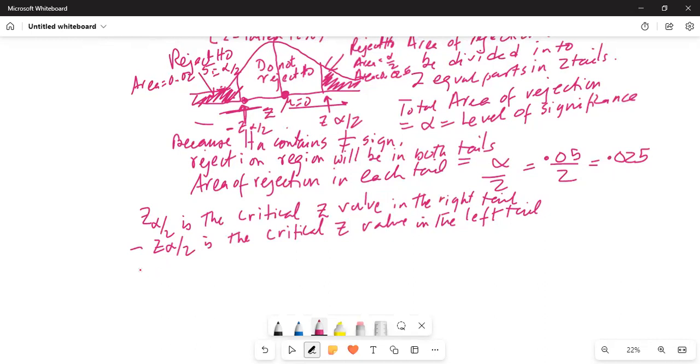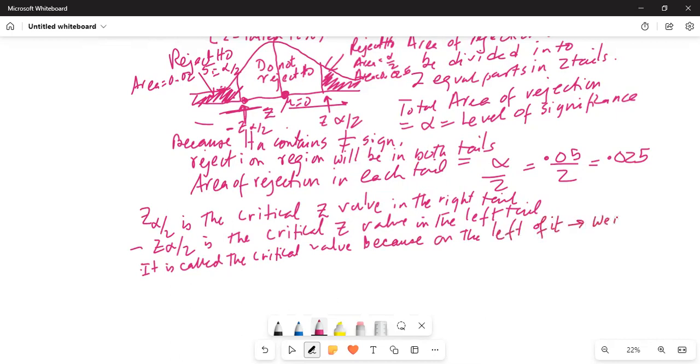Minus Z alpha by 2 is called the critical value because on the left of it we reject H0, and on the right of it we do not reject H0.